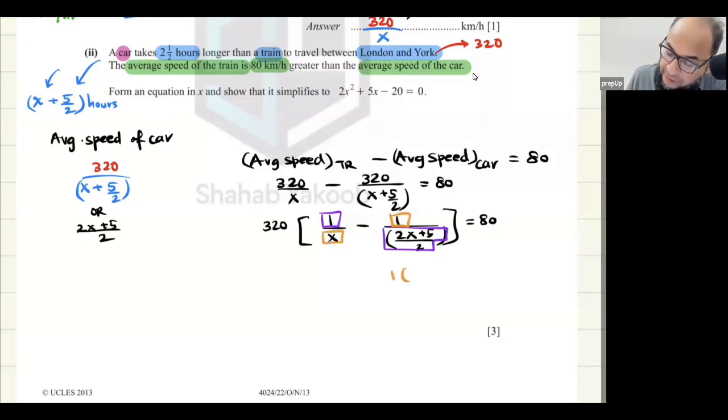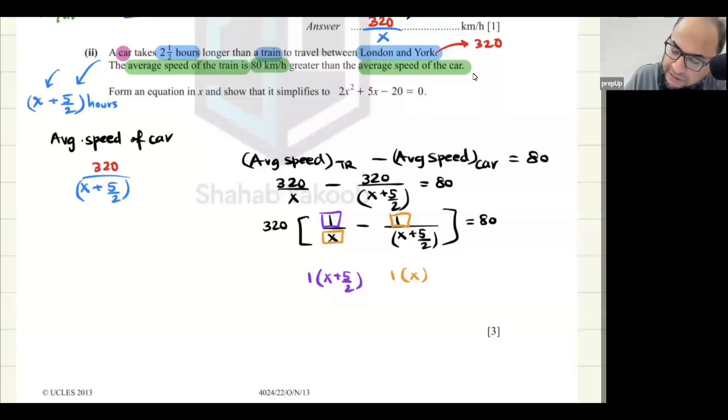So that is 1 into x, and this one is 1 into x plus 5 over 2. I think this would be simpler, so let's not change it. I can, but I don't need to. So in black color, this is x plus 5 over 2.